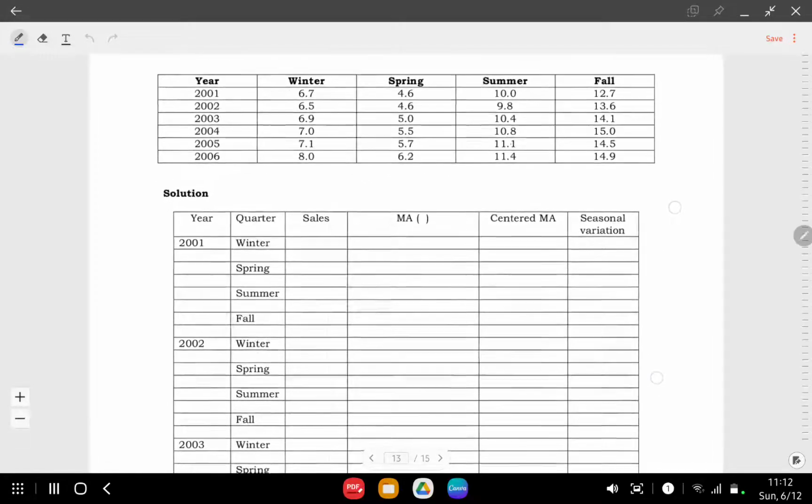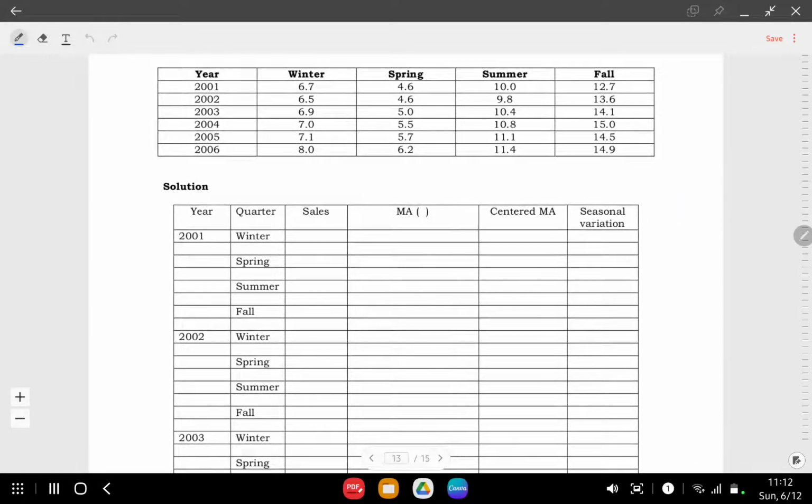So first we need to transfer all the data given into this new table. So in 2001, the first quarter, which is the winter, the sale is right here, 6.7. So here we write again 6.7.